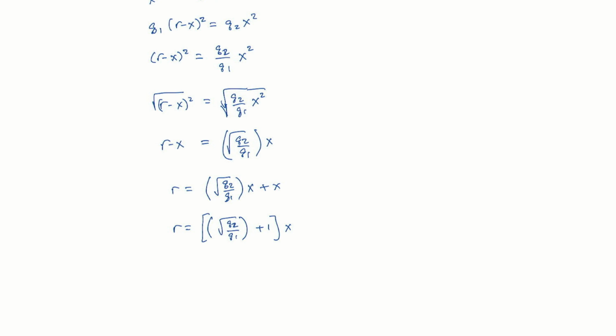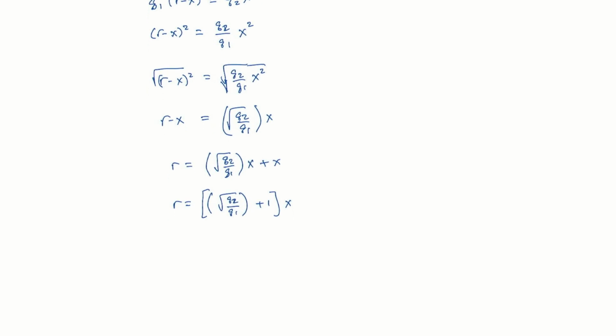So now solving for X, we see that X is R divided by the square root of Q2 over Q1 plus 1. Note the plus 1 is not under the radical sign.